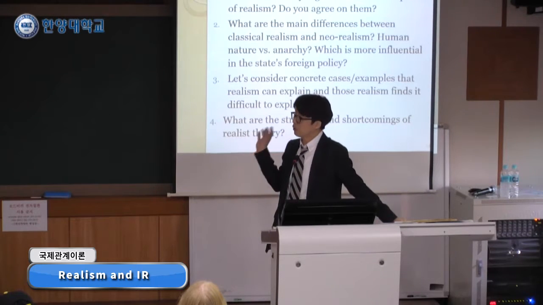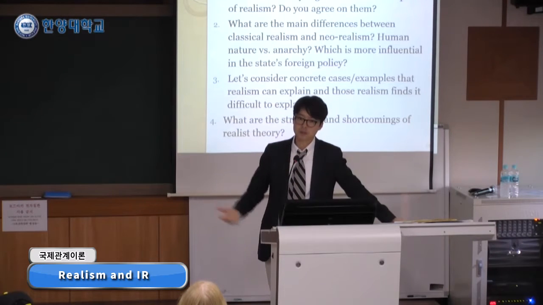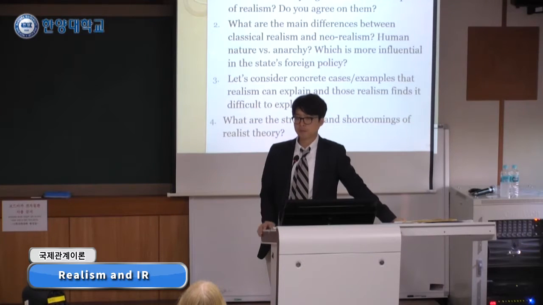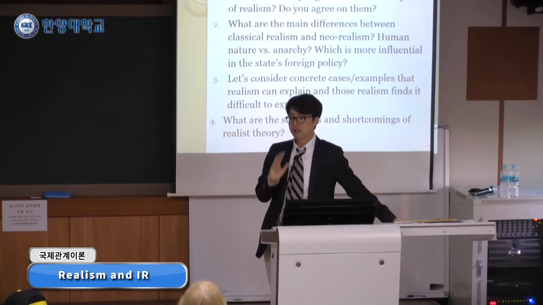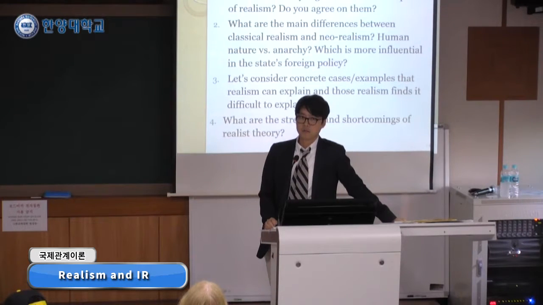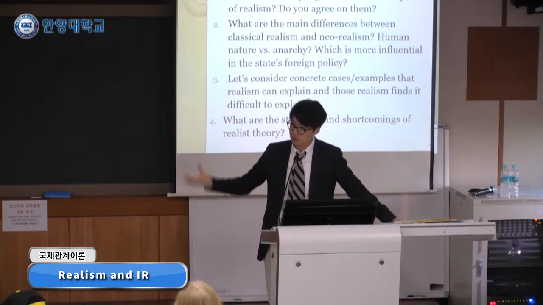And when you think about question number 4, you might want to think about different types of theory, because in the core reading, especially the one written by Colin Elman, he doesn't state a thing about the shortcomings of realism in the context of the fact that there are different types of theory.